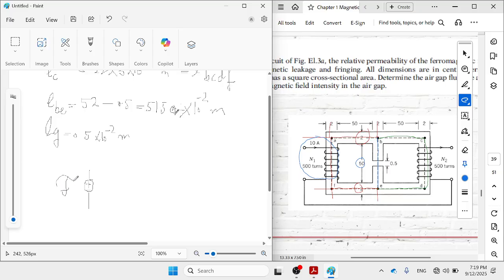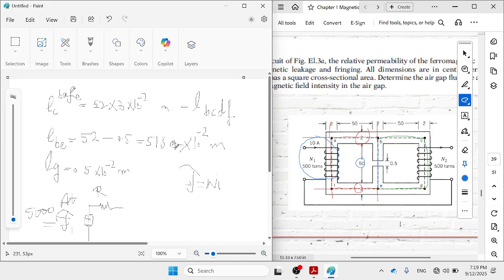MMF1, which is 500 times 10, N times I. Can you remember MMF? It was Ni, correct? So it is 5,000 ampere turn.